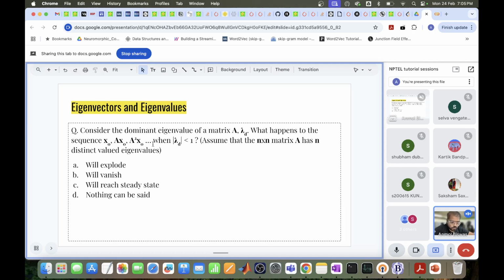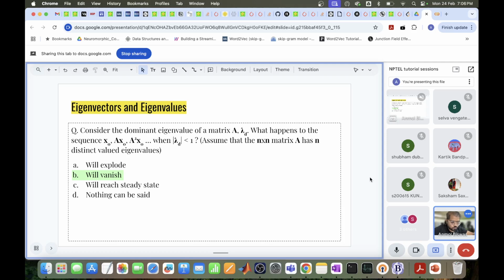So we are multiplying repeatedly by this matrix A, and in fact, what will happen if the dominant eigenvalue is less than 1 is that this sequence will vanish eventually, right? And why that will happen is a nice, interesting thing.